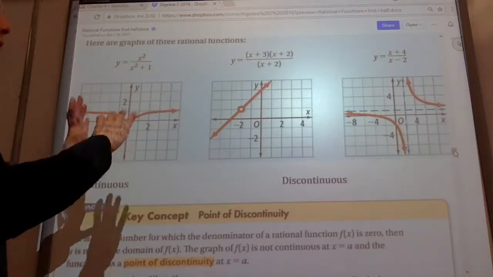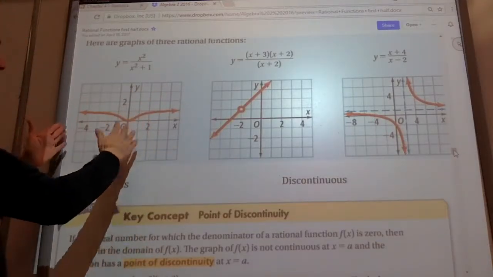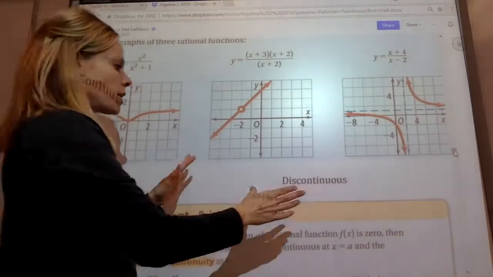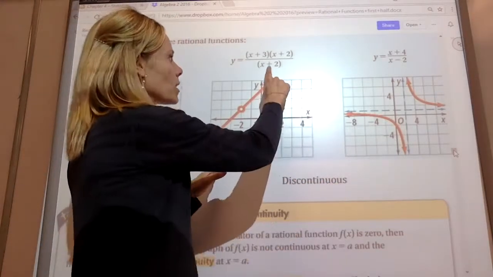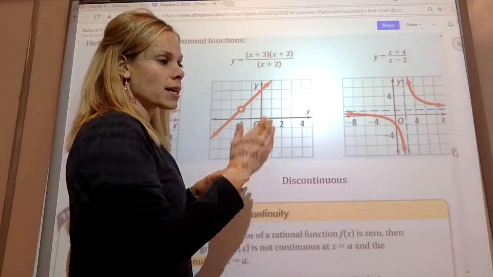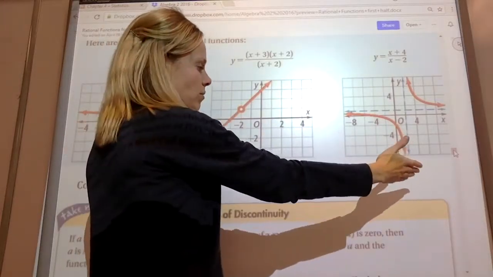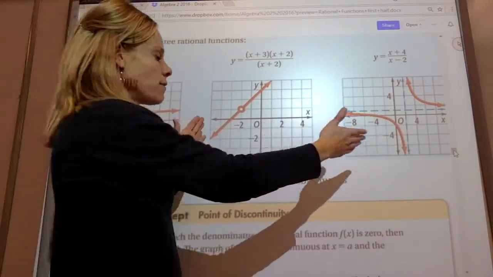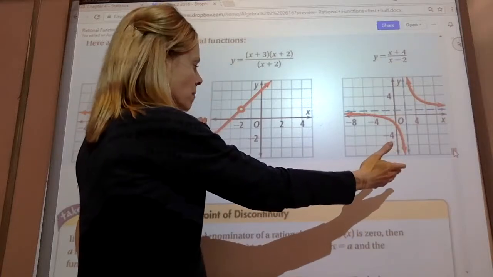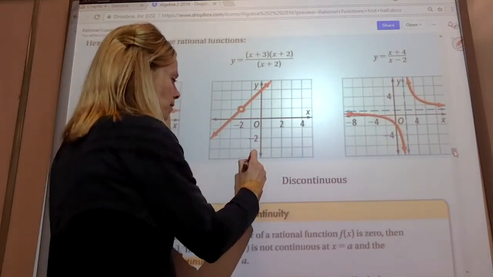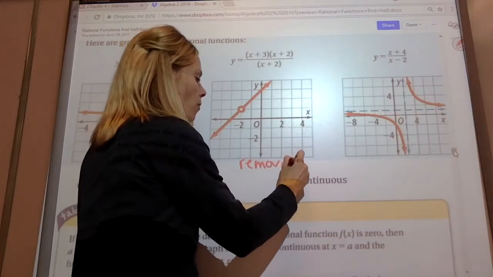Okay? So out of those things, then we have continuous functions, which we can't get the bottom equal to 0. Or we have discontinuous functions where we can make the bottom 0. So whenever you have a domain that can't be something, it's discontinuous. Otherwise, your domain's all real numbers. If you have discontinuous functions, you either have what we call a removable discontinuity, which is when you have a hole.